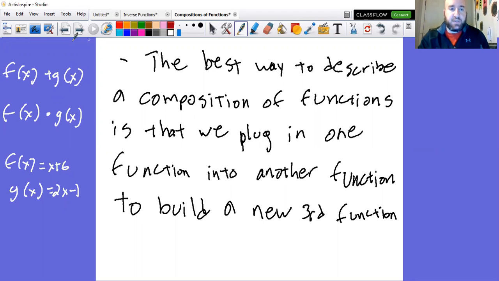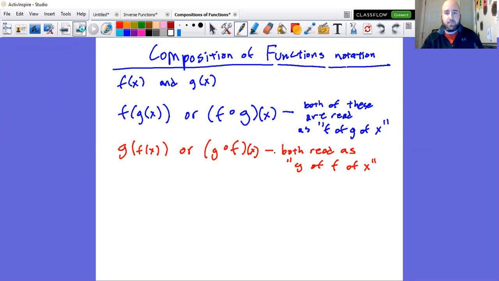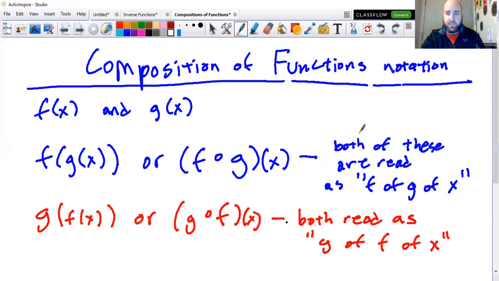How we designate a composition of functions is the compositional function notation. If I have f of x and g of x, the two different designations are here and here. It's not the blue and the red.